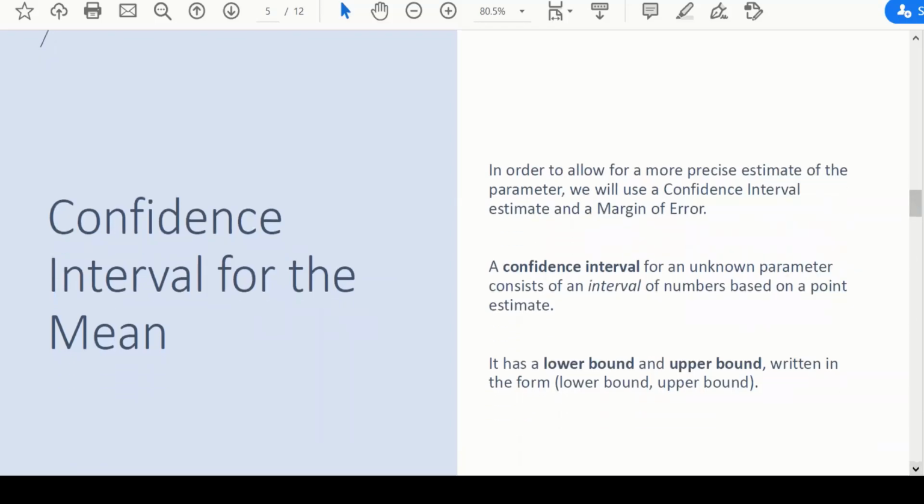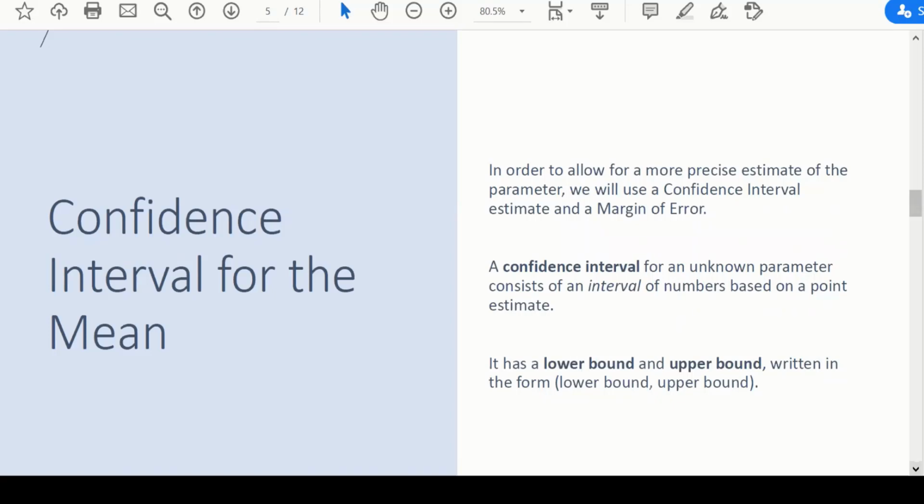So in order to allow for a more precise estimate of a parameter than just the point estimate, we're going to use a confidence interval estimate and a margin of error. A confidence interval for an unknown parameter consists of an interval of numbers based on the point estimate. Remember, a parameter is that population value we're trying to get.